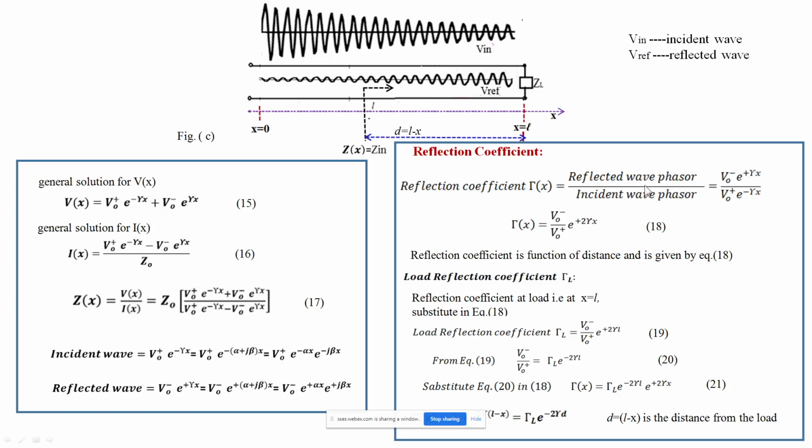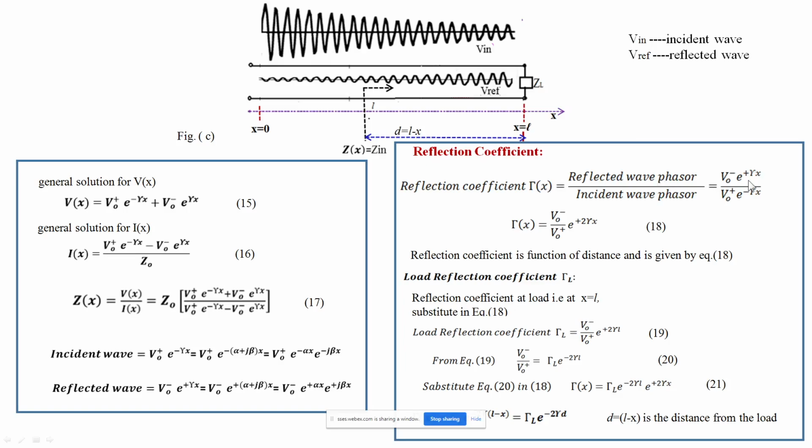Because we are considering amplitude and phase of the reflected wave. Similarly, amplitude and phase of the incident wave at that particular position. Okay, so reflection coefficient is a function of distance. So as we move like this, reflection coefficient changes as a function of distance. Okay, that's why this is a function of rho of x, function of distance.